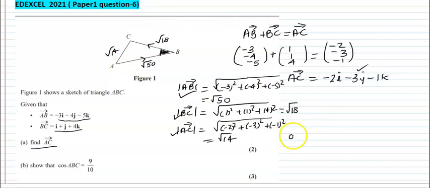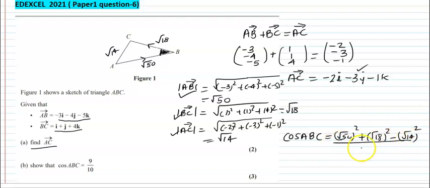So let's write down here cos of ABC will be, applying cosine rule, root 50 squared plus root 18 squared minus root 14 squared, divided by 2 times root 50 and root 18.